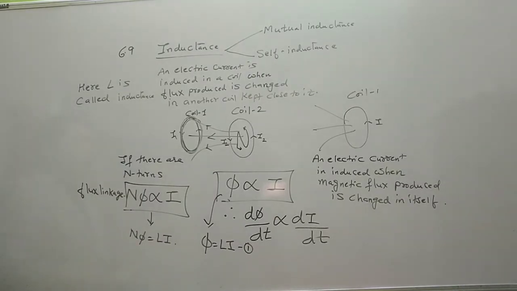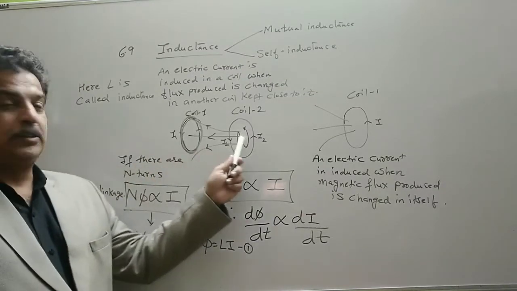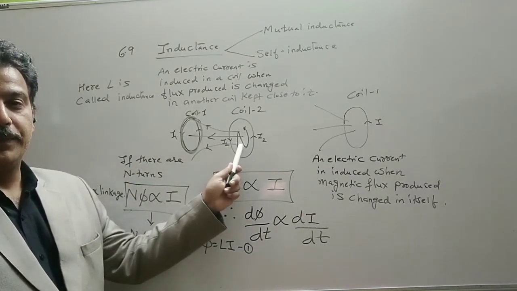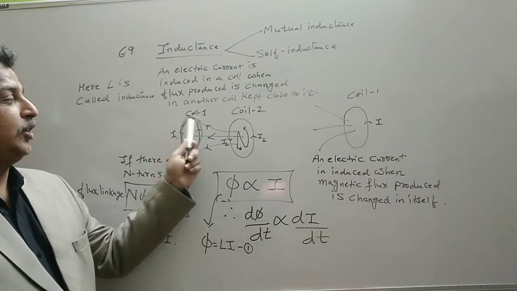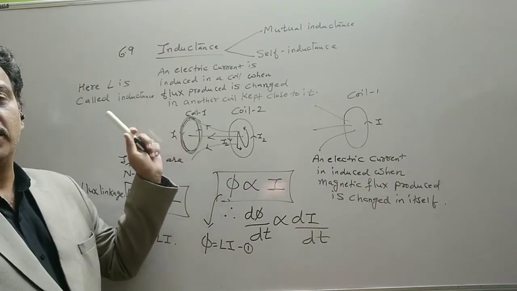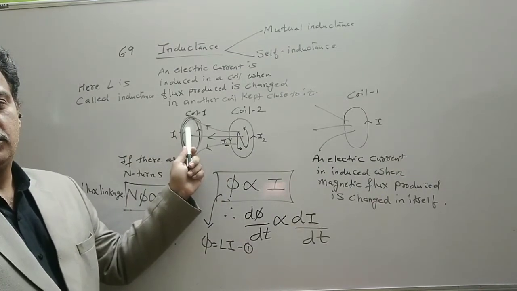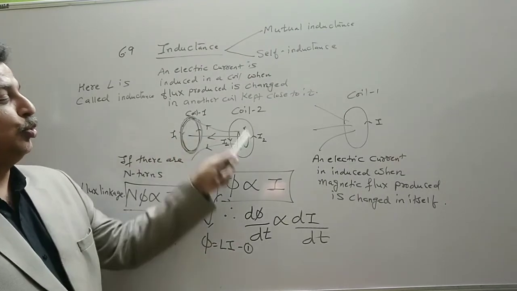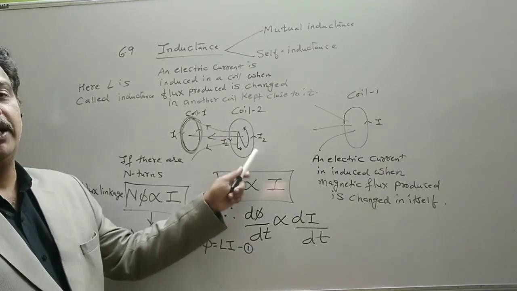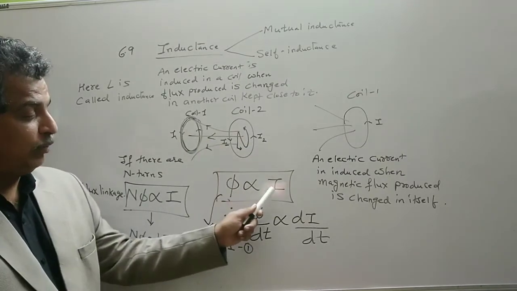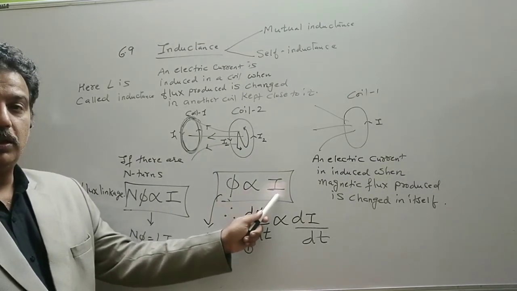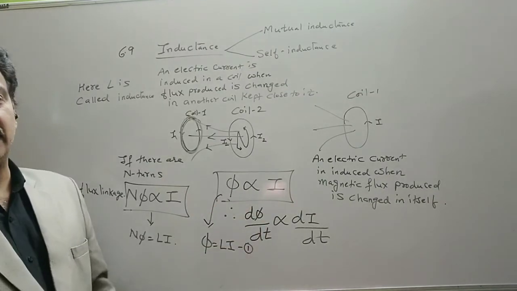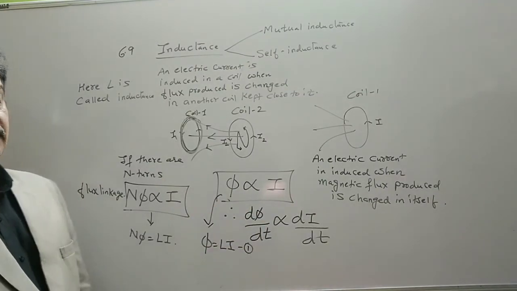You have to remember that if there is a system of two coils, then induction will take place in coil number 1. So EMF is induced in coil 1 due to the current set up in coil 2. So this will be written as I2 and this will be written as phi 1.